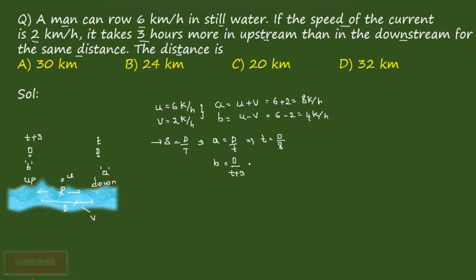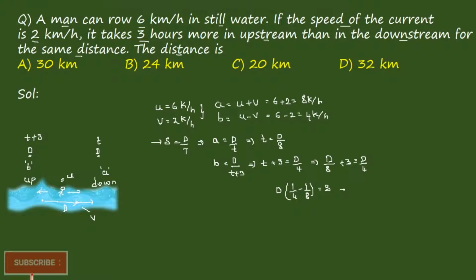Then we can write T plus 3 is equal to D by 4, since B is 4. Here T is D by 8, we can substitute here, then we get D by 8 plus 3 is equal to D by 4. Taking D common, it becomes 1 by 4 minus 1 by 8 is equal to 3, right?